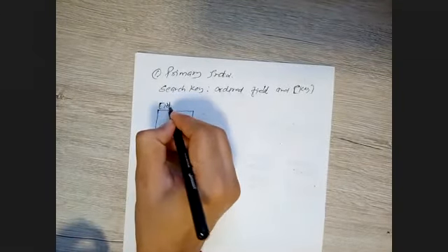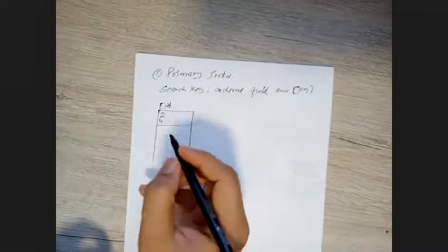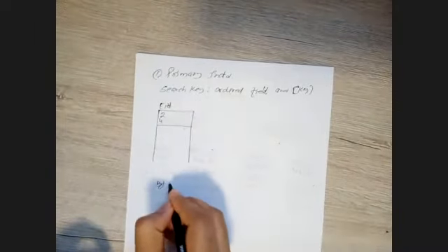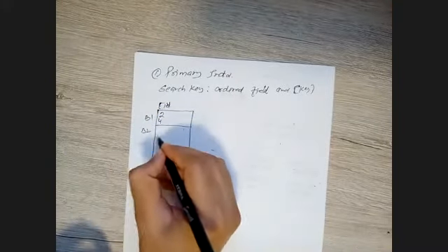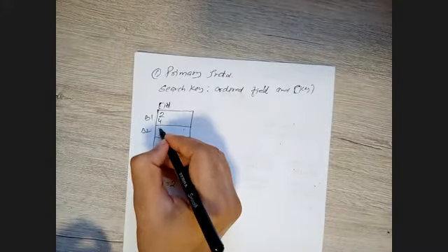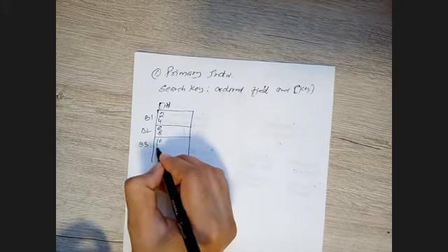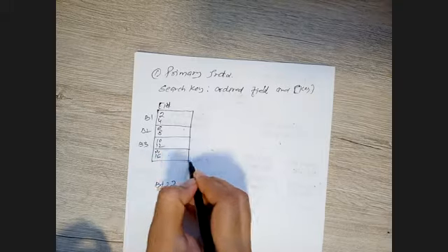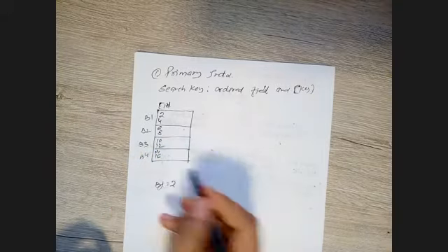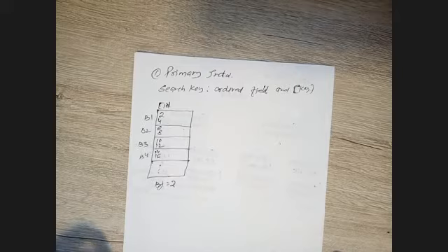Let's say eid is the key, with values 2, 4, and the block factor is 2, meaning you can have two records in a single block, and these are all sorted, that is, the ordered field. In this way, we can have as many records as we want.